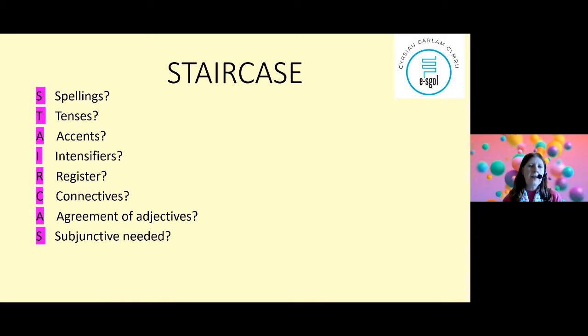Is the subjunctive needed? That is very important to make sure. And as well, do you have the correct verb endings? So the acronym staircase is very useful at the end of the translation for you to go through it one more time.